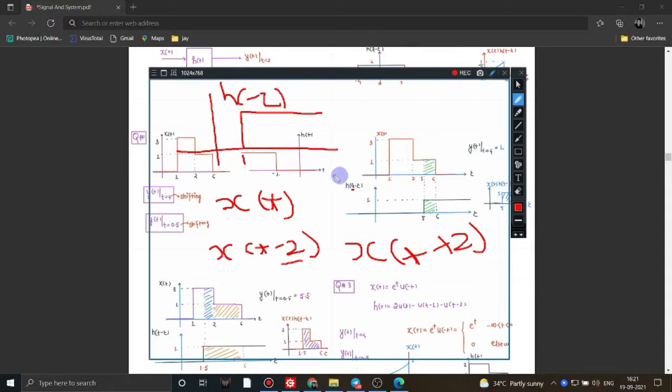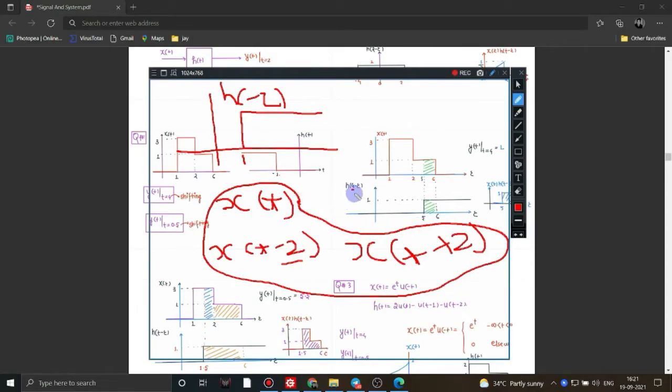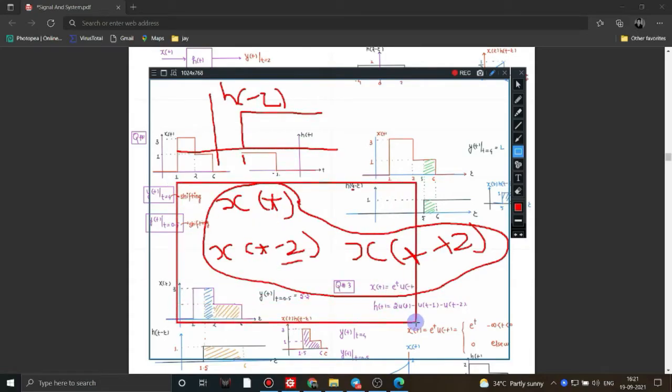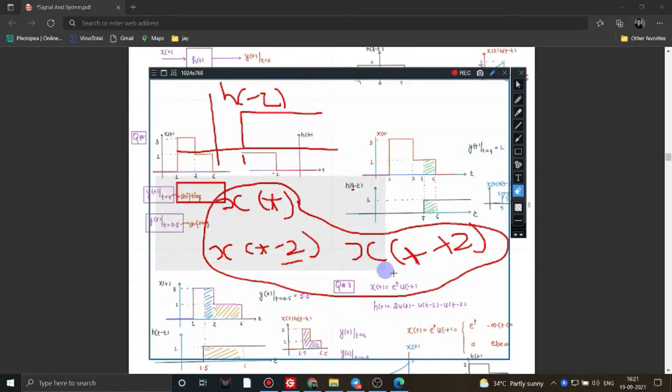But here there is a change, that our variable is negative. So all the properties that we use when the variable is positive will be reversed.